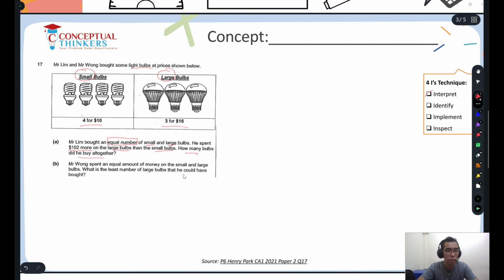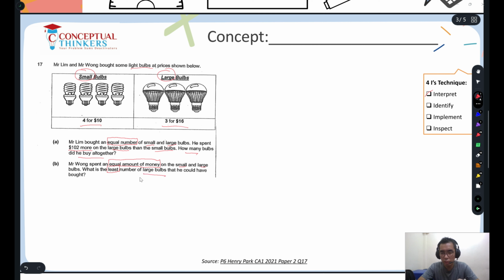Now for part B, Mr. Wong spent an equal amount of money. This is also super important, as it will affect how we solve the question later, for the small and large bulbs. They want the least number of large bulbs that he could have bought.